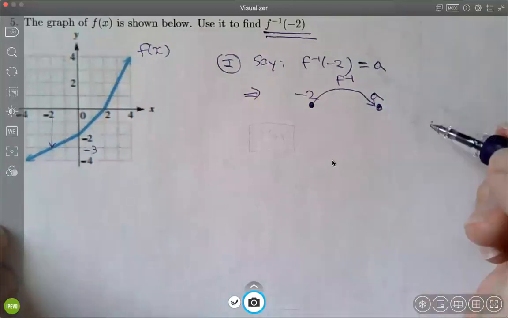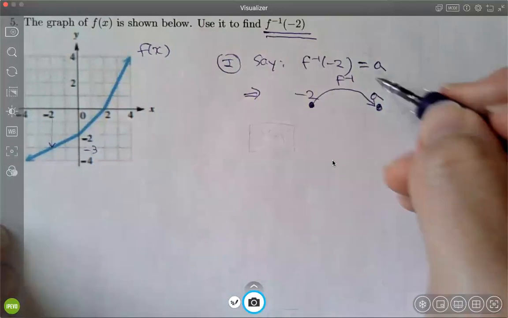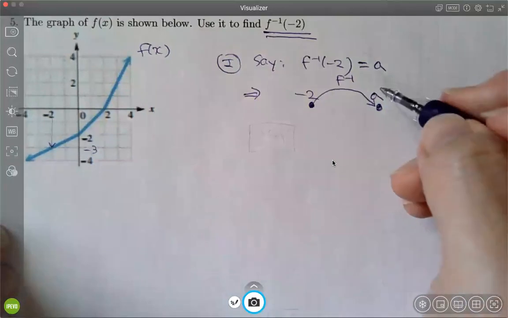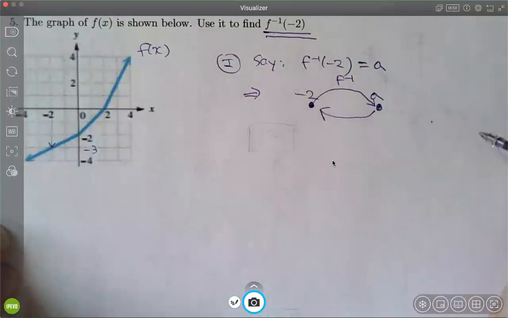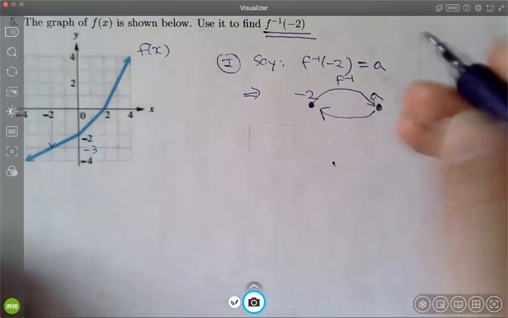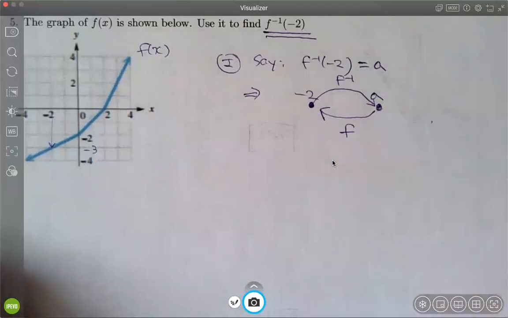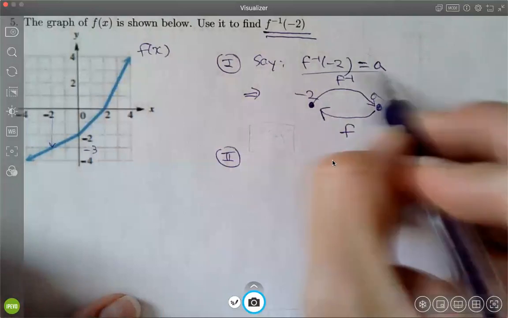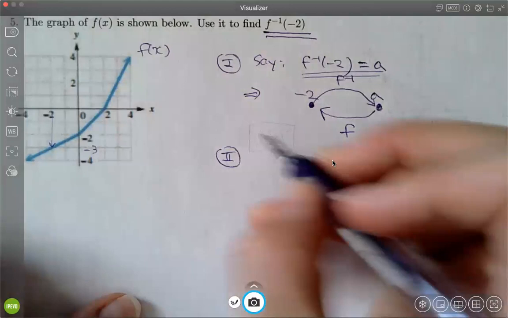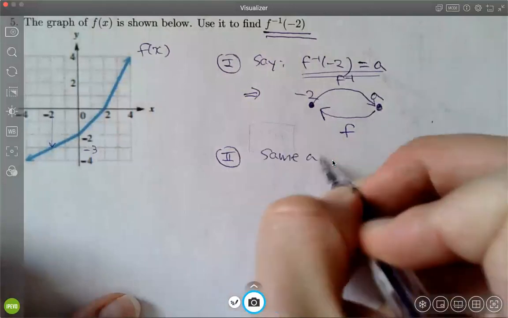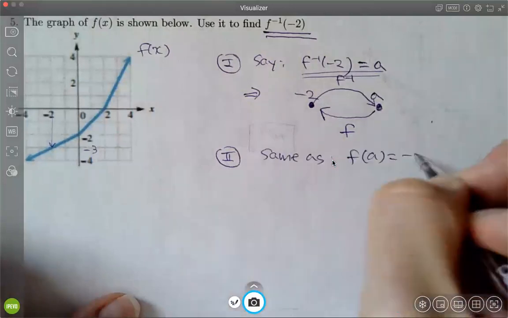Okay, now, have we seen this similar picture before? Yeah. Now the question is, can we come back? In order to come back, what do we have to take? The opposite of f inverse, right? And what does that mean? It's f, right? Okay, so what can you deduce? From this, f inverse of -2 is a, this is the same thing as f of a equals -2, right?